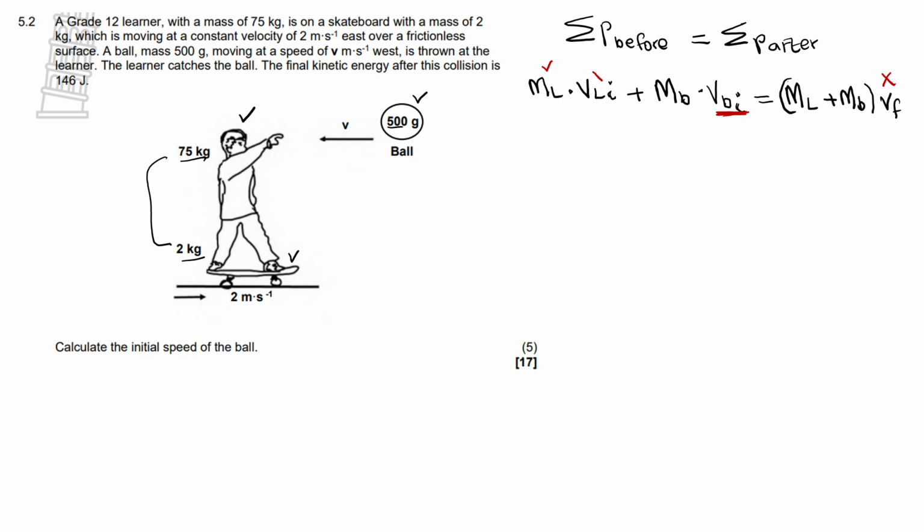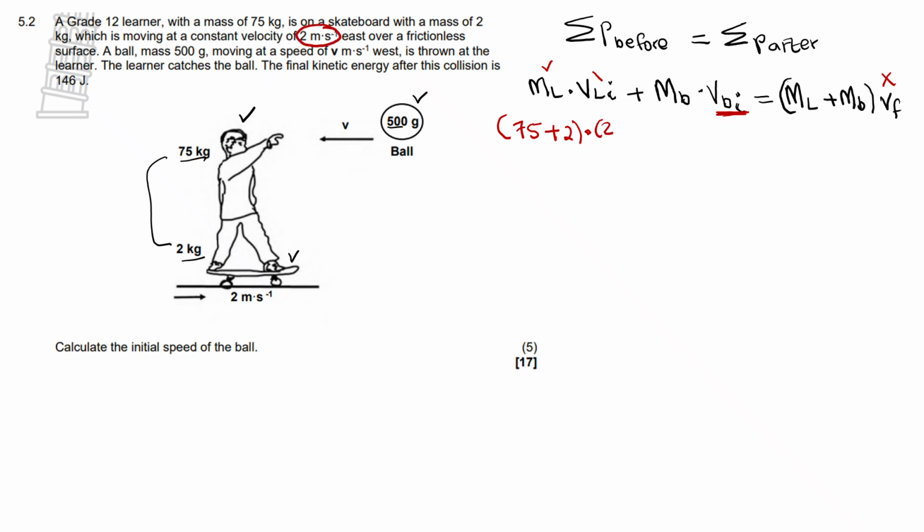Right, let me do the substitution first so that this can make sense. What is the mass of the learner? It's 75 kg. So the 75 kg, we need to add that with the skateboard, which is 2, and then multiply this by the V initial of the boy. Remember, this guy is moving at 2 meters per second.